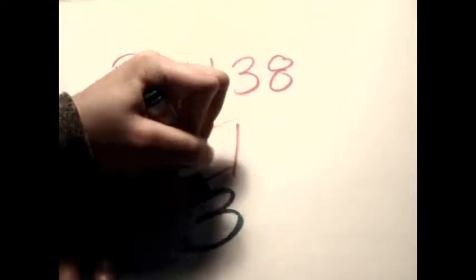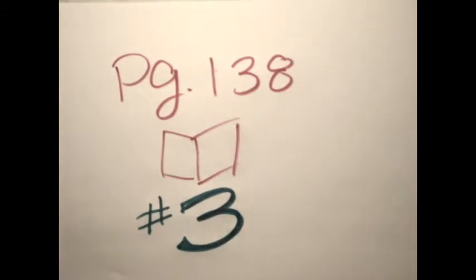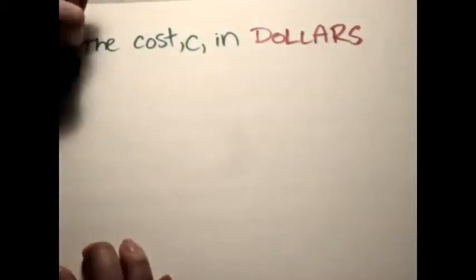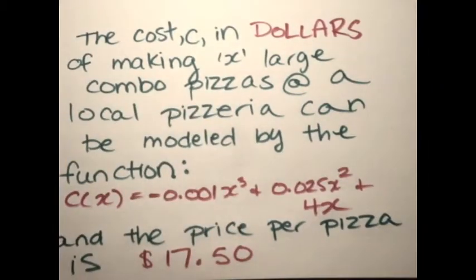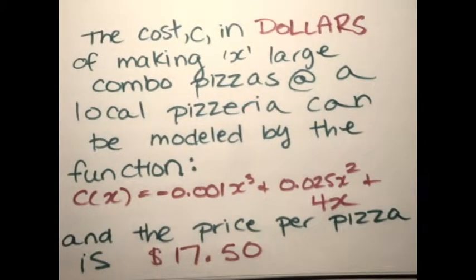So the question I was assigned to instruct can be found on page 138 of the textbook. It is question number 3, and it reads as follows. The cost, C, in dollars of making x large combo pizzas at a local pizzeria can be modeled by the function C of x equals negative 0.001x cubed plus 0.025x squared plus 4x, and the price per large combo pizza is $17.50.